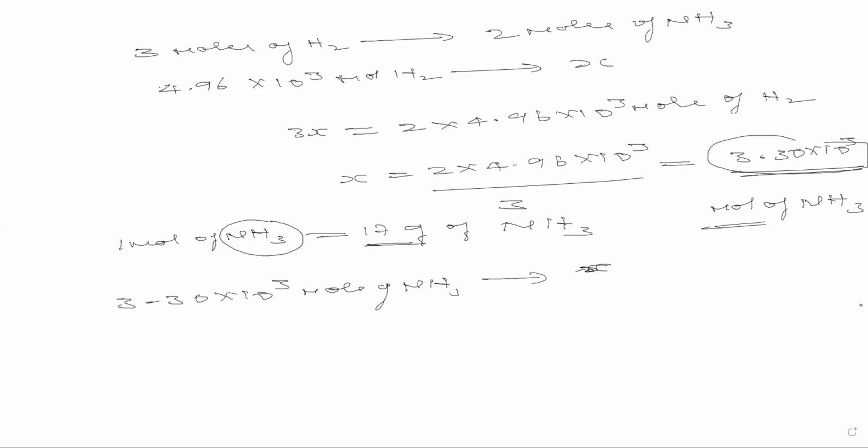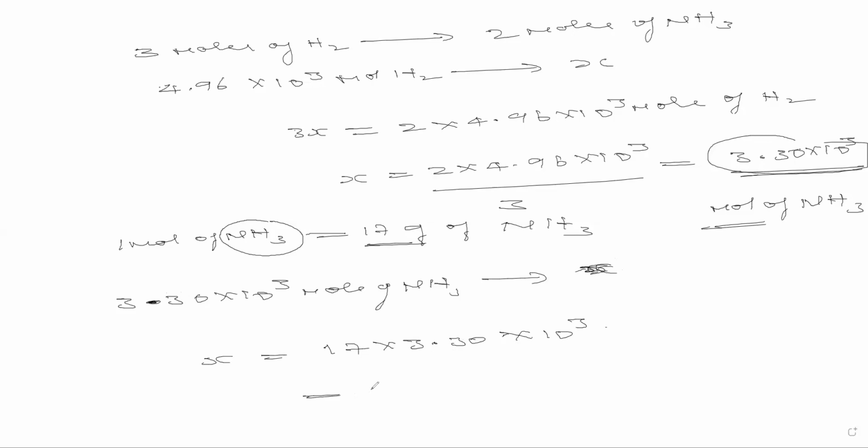Again, use the unitary method. x equals 17 into 3.30 into 10 to the power of 3.